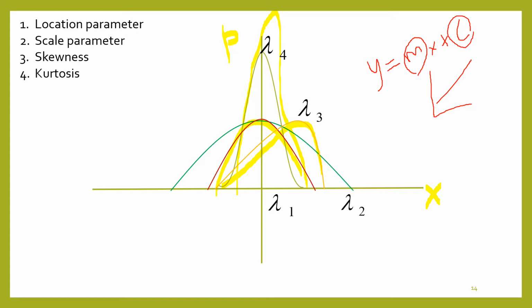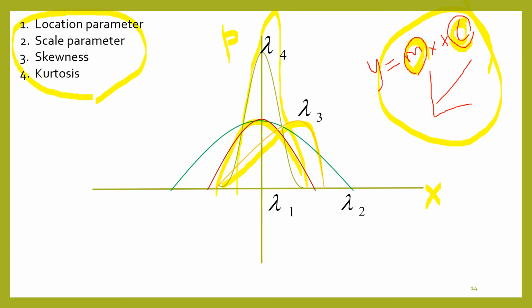Like a straight line has parameters m and c, where c is constant and m may change depending on the data, the same is true for a distribution model. It has its parameters.